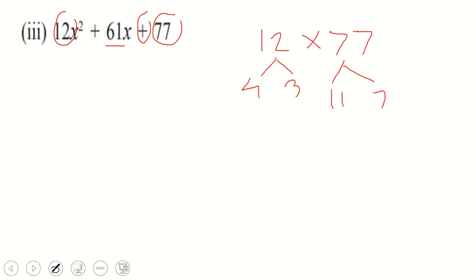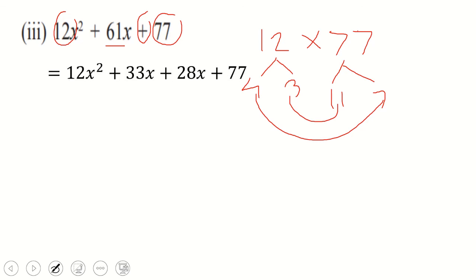Instead, if I take 3 into 11, that is 33, and 4 into 7, that is 28, then 33 plus 28, I am going to get 61. Yes or no? So here I got the two numbers, 33 and 28. These are the two factors of 12 into 77 whose addition is 61. So in the next step I will write that down.